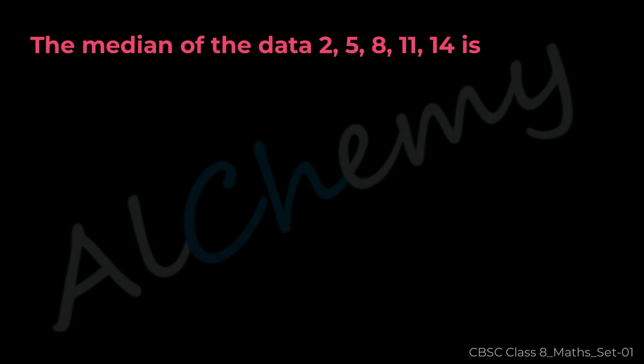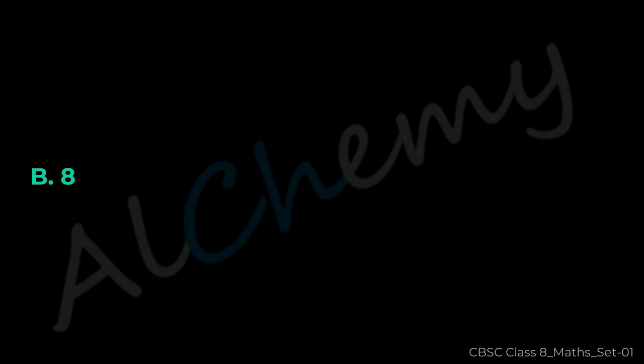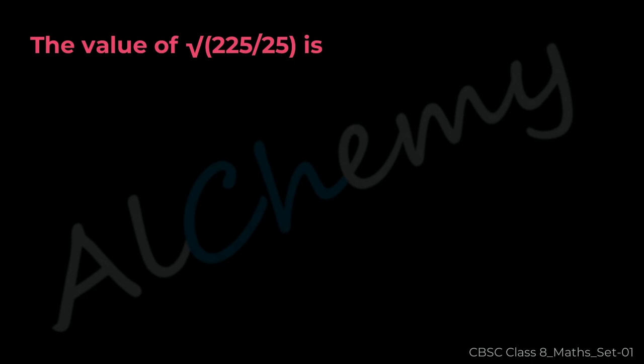Question 35. The median of the data 2, 5, 8, 11, 14 is A 5, B 8, C 11, D 10. The correct answer is B, 8. Consider the following expression. A 3, B 5, C 9, D 15.